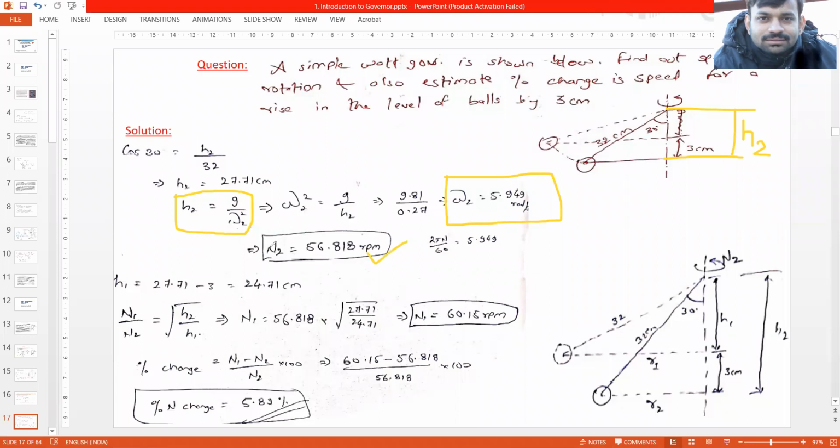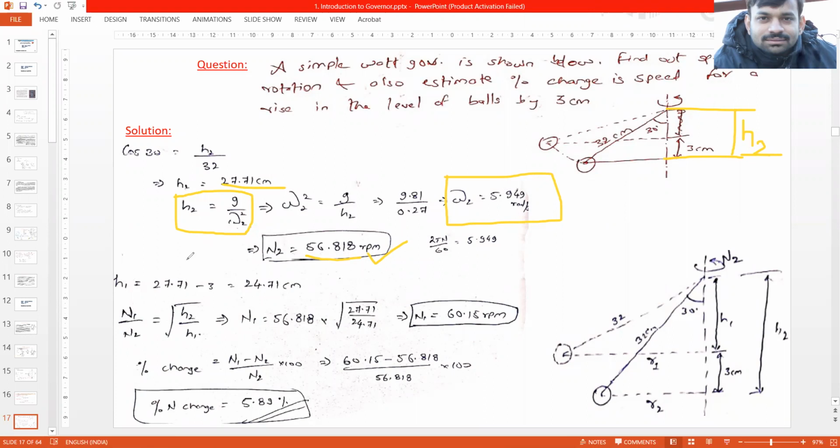So when the speed of engine was 56.818 rpm, this height was h2, which was 27.71 centimeters. Now, what is the new height?